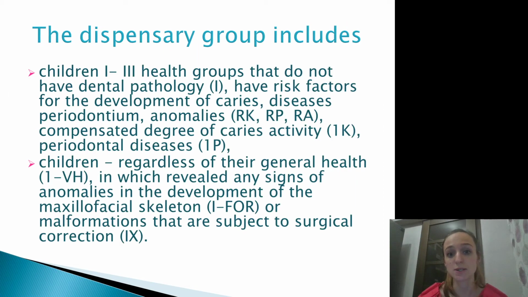Next one, the dispensary group 1 includes children from 1 to 3 health groups that do not have dental pathology, have risk factors for the development of caries, periodontal diseases, and different anomalies that compensate a decrease of caries activity and of periodontal diseases.